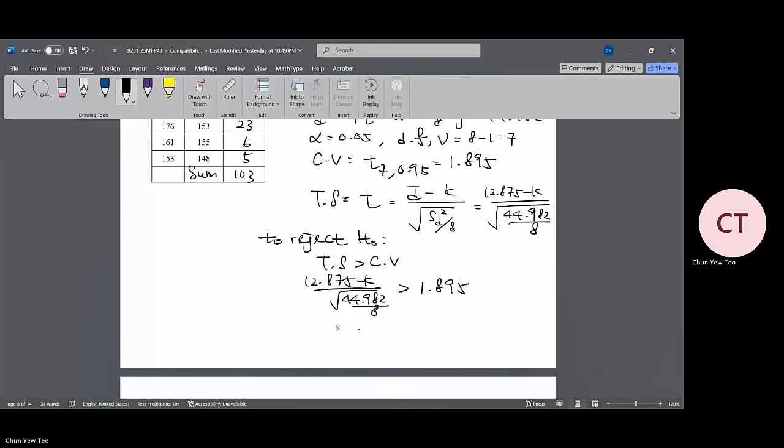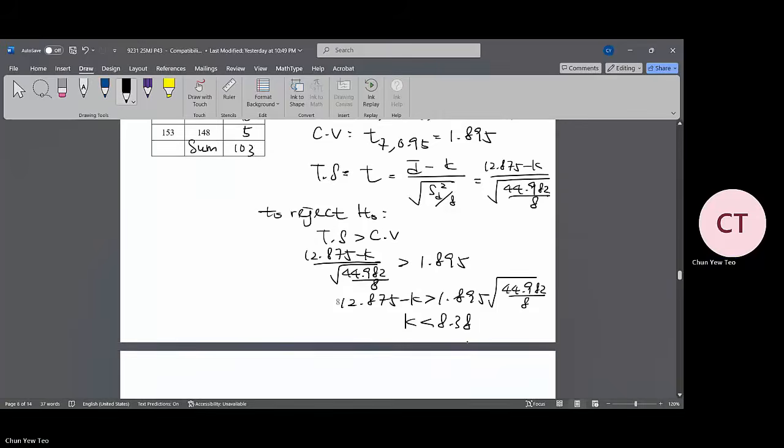If you press the calculator, you can see that 12.875 minus K will be greater than 1.895 times the square root of that. Then simplify further, and you can see that your K will be less than 8.38.